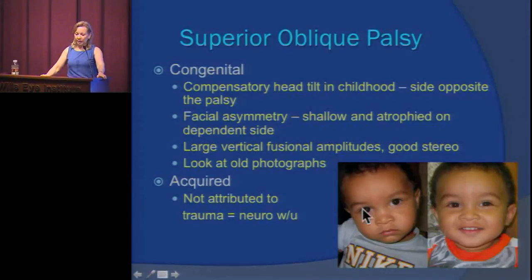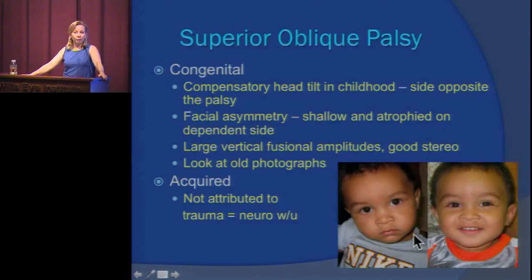So on the side that's down, you'll see that the face is asymmetric and atrophied. There are usually large vertical amplitudes when the superior oblique palsy is congenital, because they're trying to fuse, and if they move out of that head tilt position, they start developing incredible fusional amplitudes because they're trying to achieve fusion, and consequently they'll have good stereo vision.